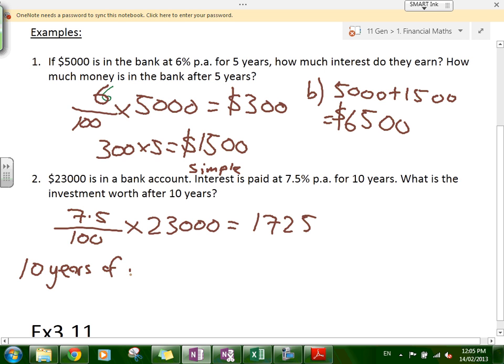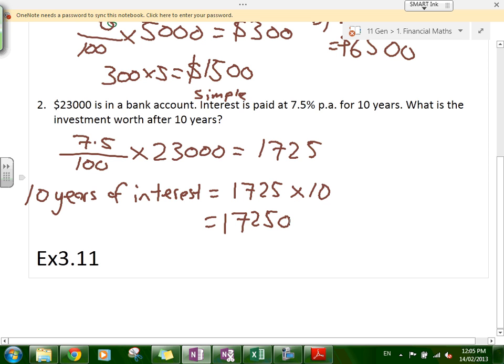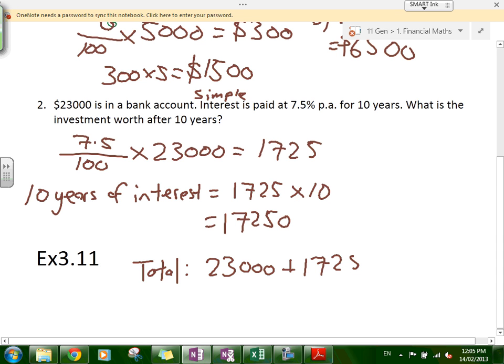10 years of interest is equal to this times 10, which equals 17,250. Alright, so we're not doing too bad. So then the total is 23,000 plus 17,250, which equals $40,250.